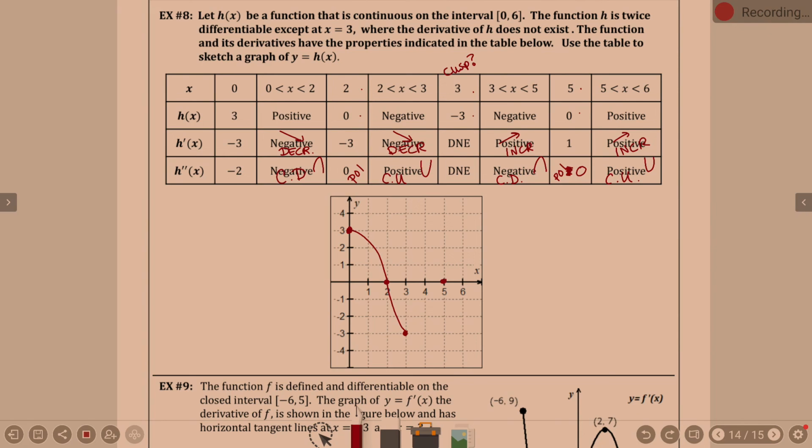Next piece, increasing but concave down. And the final piece, increasing but concave up. And I don't have an ending point, so I just drew it off to the side. That was a good 5-minute problem. I picked wisely there.